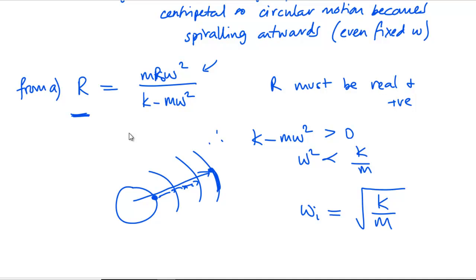If you've got a weaker spring with a lower k, as you increase omega, it's going to move out further and further. But the thing that's going to fail is the ability to provide stable circular motion. It's going to get to a point where it just can't provide that force anymore. And that means that stable circular motion will stop and it will just keep spiraling outwards.